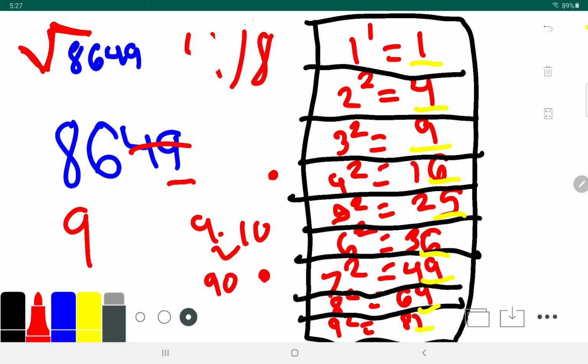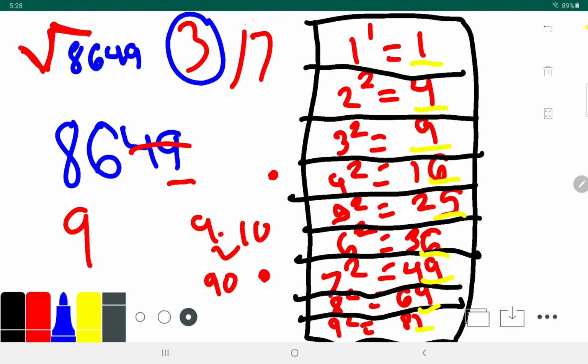I just realized this is a 3 or an 8, not a 4. Wait, no, a 3. No. 3 or a 7. Alright, so it's either going to be a 3 or a 7. So now, since 90 is greater than 86, we are going to choose the lesser number, which is 3. So 93 is our answer.